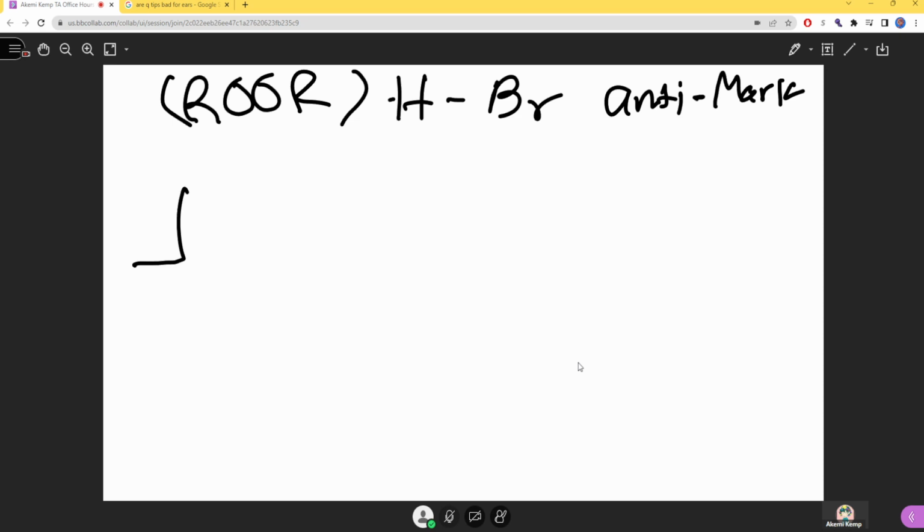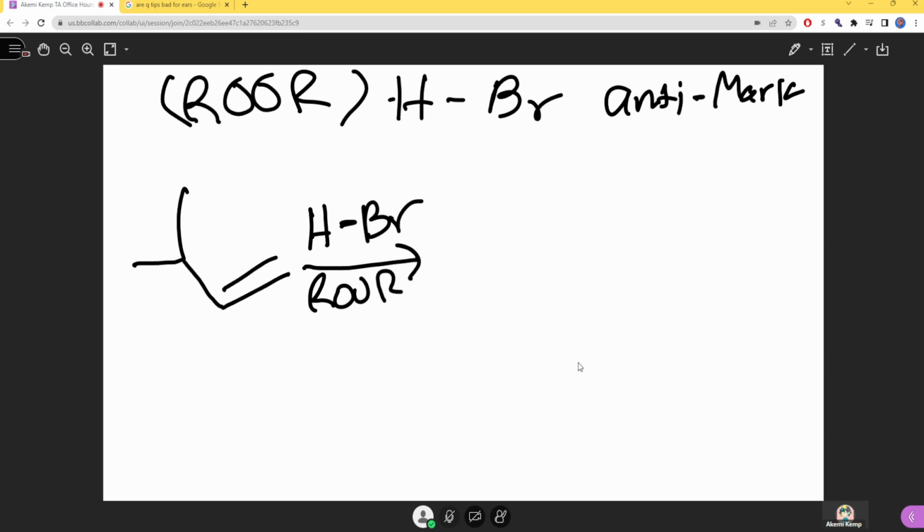If we know it's anti-Markovnikov, we want what on the least substituted carbon? In this case, what's going to be added to the least substituted? So bromine will go to the least substituted side, right?